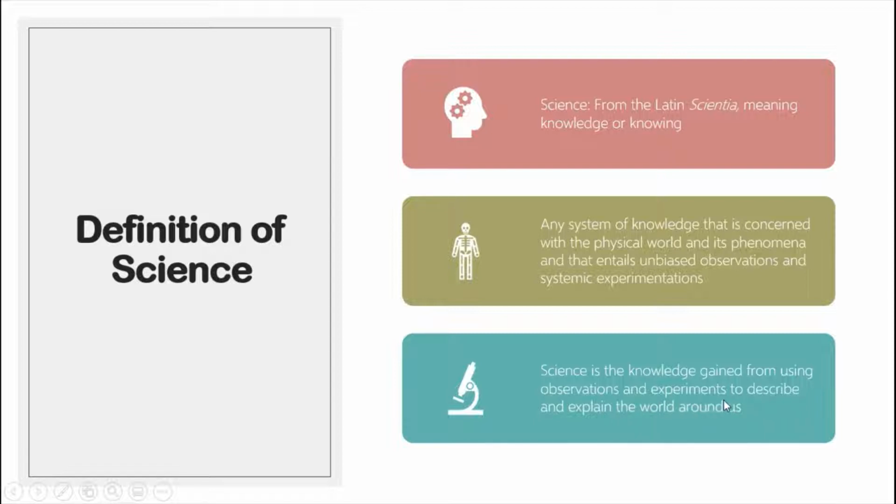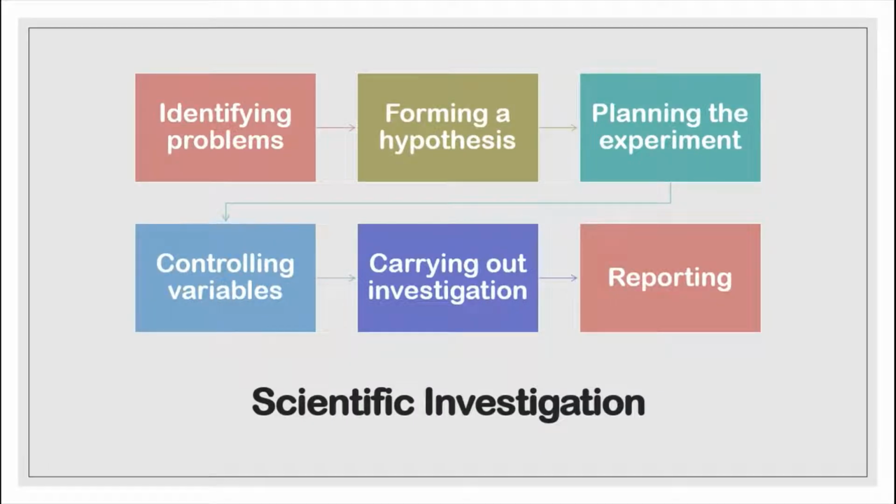In order to gain knowledge, science has what we call scientific investigation. There are several steps to do the scientific investigation. First of all, a scientist must identify problems, and then scientists must form a hypothesis.